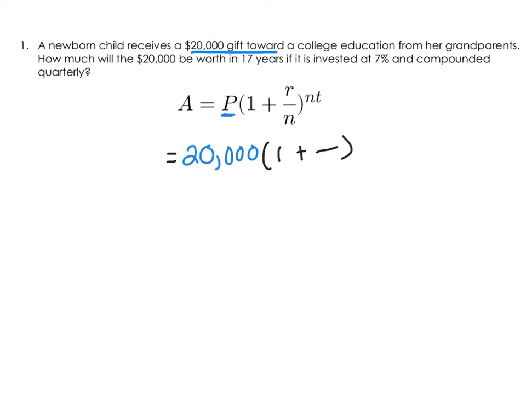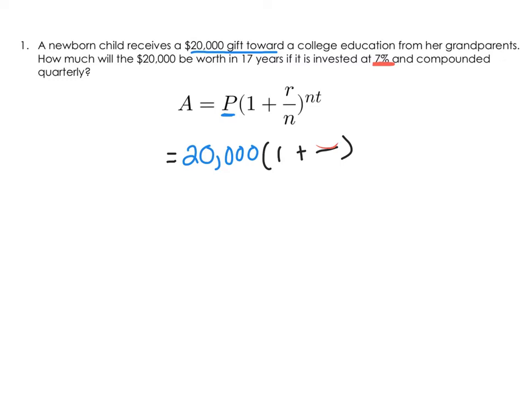Now if we look back into our problem, we're given a rate of 7%. The big mistake a lot of people make is they'll put 7 right here, which is not what we want to do. We can't plug a percent into an algebraic equation. We have to make that a decimal first.